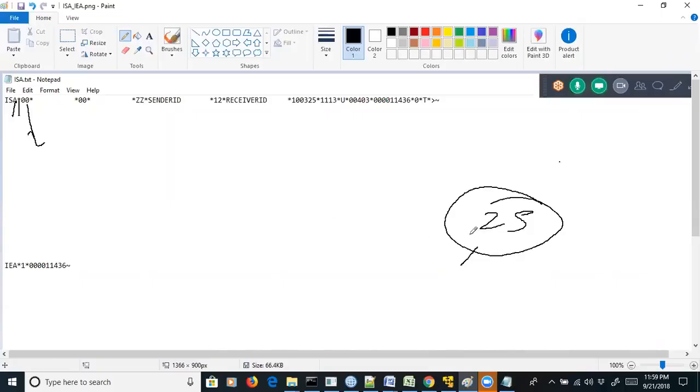Got it? So before writing 25, if I give you a definition saying if it's 1, then it's my age. If it's 2, then it's part of my mobile number. And if it's 3, then it's part of my Gmail password.